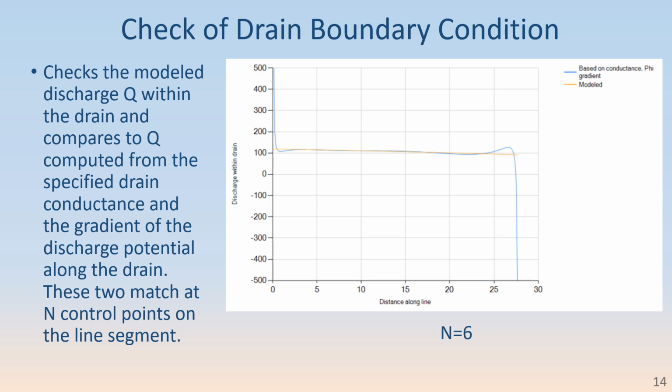And this is essentially the boundary condition equation that is applied at the control points. So these two will always match at the control points. In this figure to the right, we have n equals 6, so there's 6 places where those two curves intersect perfectly. And it's a little hard to tell where they are in here because the curves are on top of each other, but here are the final 2 crossings right there.